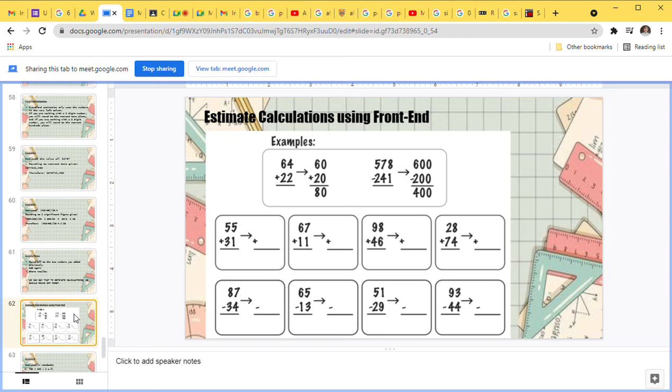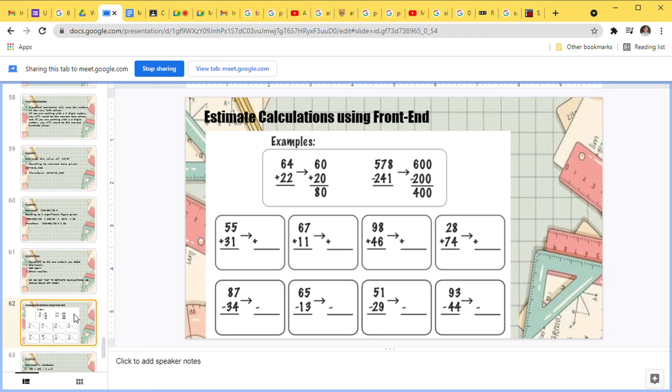What do we get for rounding off 65? 70. And if we round off 13? 10. So 70 minus 10? 60. Very good.